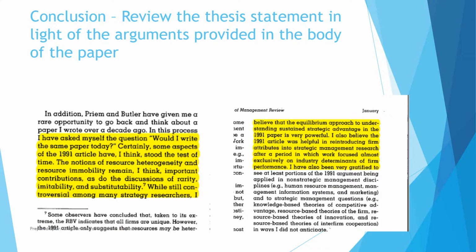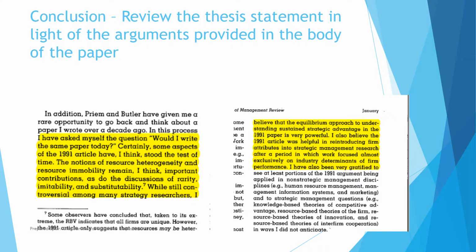Okay, so everything ties together in an academic paper. There's an introduction, which states what the purpose of the paper is. There's a body of the paper, which is made up of different sections which contain different elements of the argument. There's evidence supplied through references to information from other journal articles.